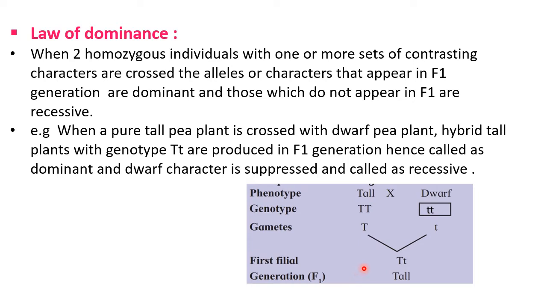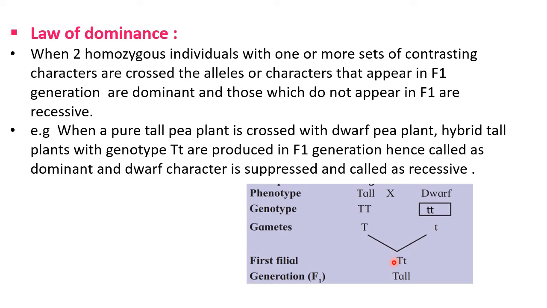So all the plants produced in F1 generation are tall, but they are called heterozygous or hybrid, as they show the presence of dissimilar genes or dissimilar alleles.